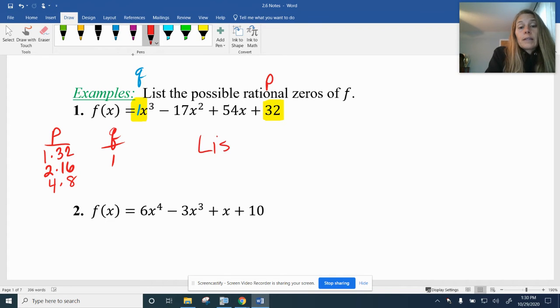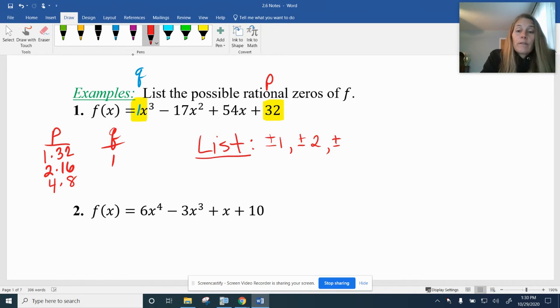Okay, so our list of possible rational zeros is going to be positive and negative 1, positive and negative 2, positive and negative 4. I'm just putting them in order. Positive and negative 8, positive and negative 16, and positive and negative 32.